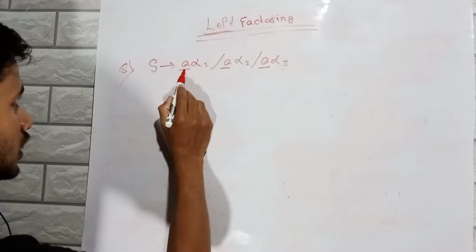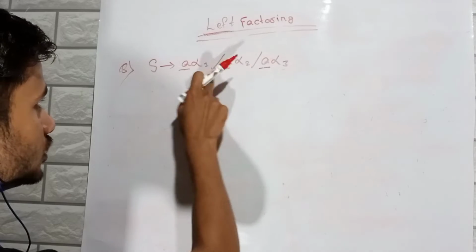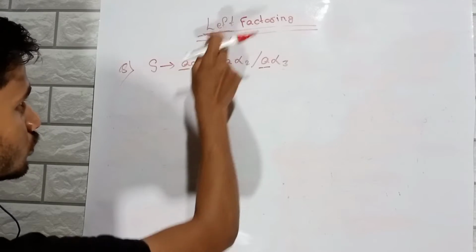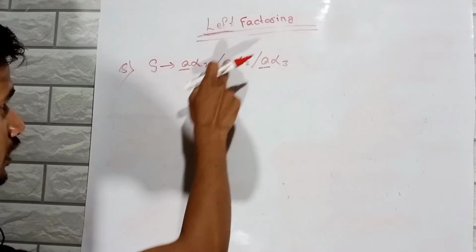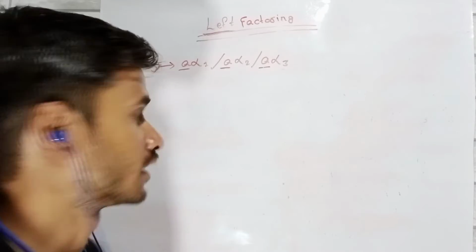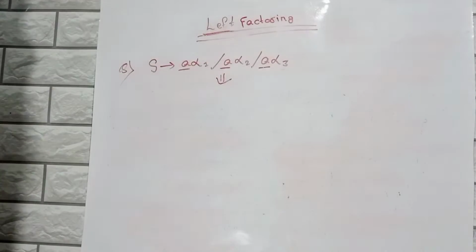So here the terminal is A, here it is A, and here it is A. Then the terminal is common. If the terminal is common in only two productions, then also we will say the grammar contains left factoring. But here all the productions contain left factoring.